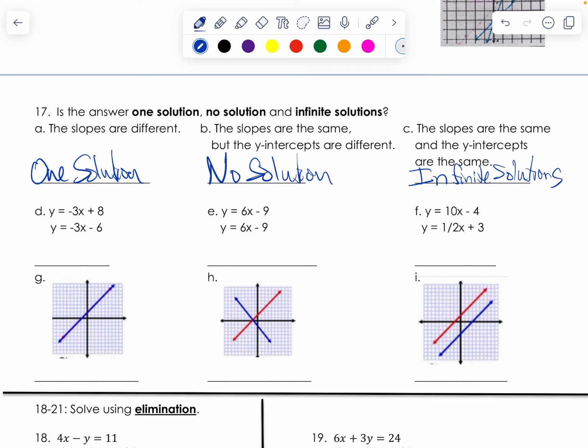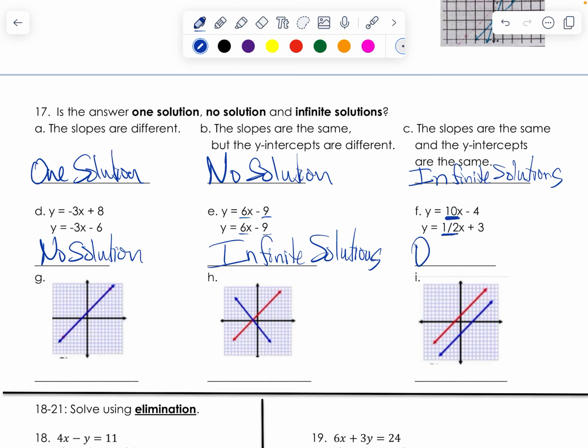The slopes are the same, y-intercepts are different, so no solution. Same, infinite solutions. We have different slopes, so that is one solution.